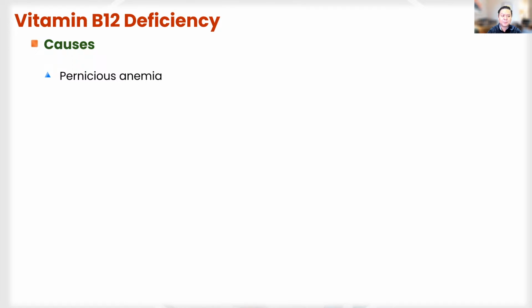And this is a predominant problem in the Western countries, and also the most significant cause of vitamin B12 deficiency. Okay. Top cause of vitamin B12 deficiency, that is the pernicious anemia.